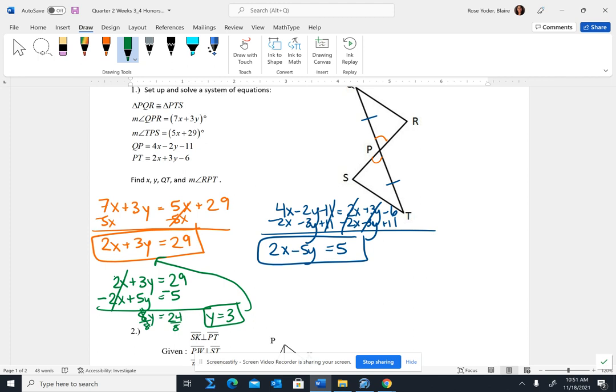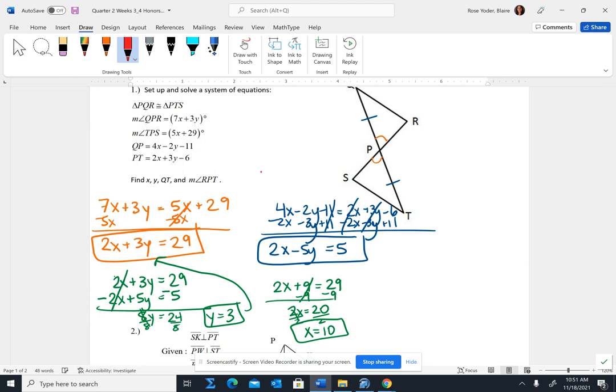And substitute the 3 back in for y and solve for x. So 2x plus 3 times 3, which is 9, equals 29. And I can already tell that this is going to work out nicely as well. 2x equals 20, and 20 divided by 2 is 10.